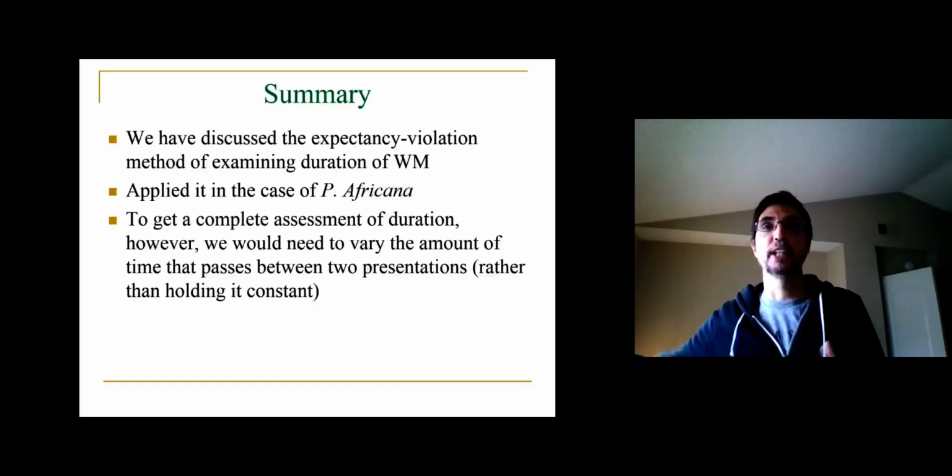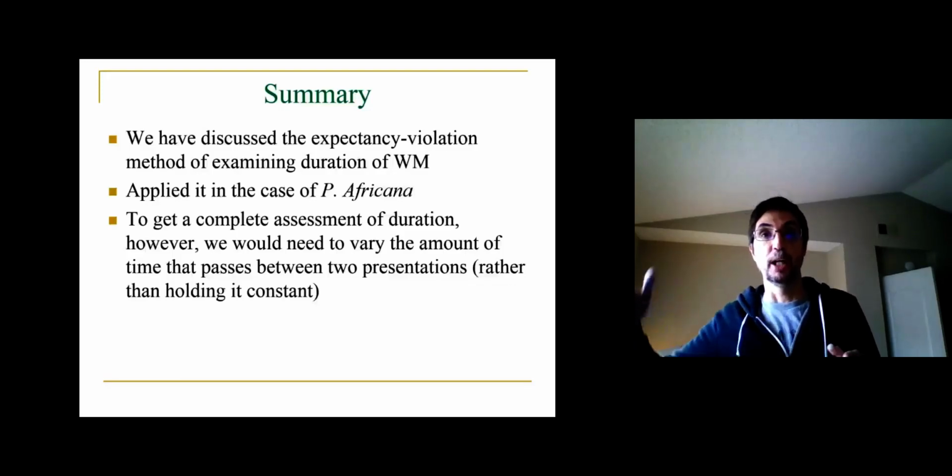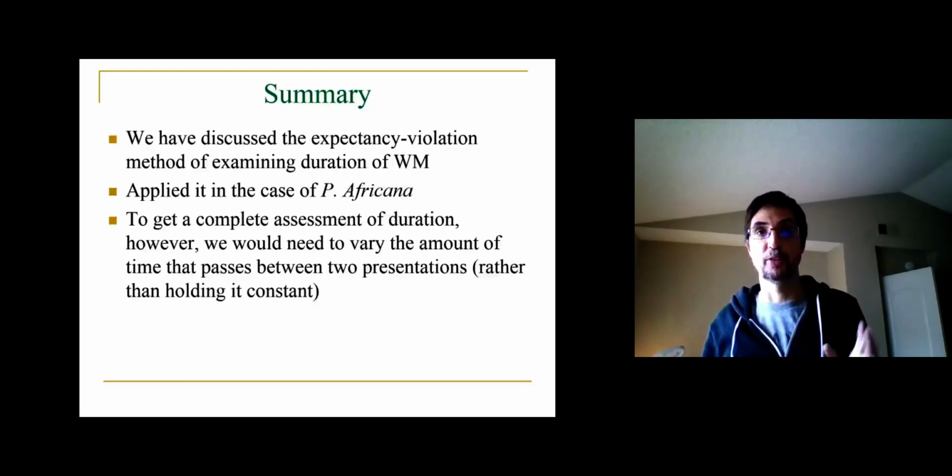So what you'd have to do, for example, is push it out to a minute and 15 seconds, a minute and a half, and so on, to see at what point performance between the two conditions is the same or different. At what point does it no longer make a difference? That would tell you the full duration of working memory. So to get a complete assessment of duration, we would need to vary the amount of time that passes between the two presentations, rather than holding it constant, as in this experiment.